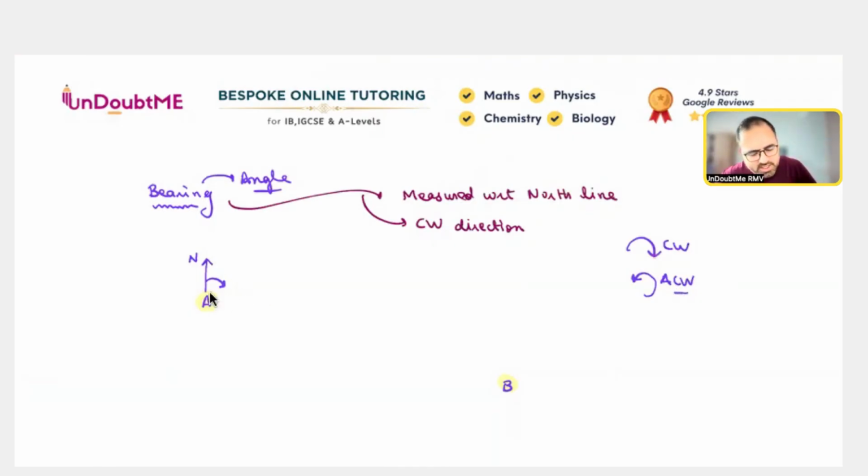So in the clockwise direction, if I measure the angle and connect a line from A to B, then it is clearly visible that the angle will be somewhat this. Let's say, for example, this angle is 120. I'm taking just a random number. So what do we say?